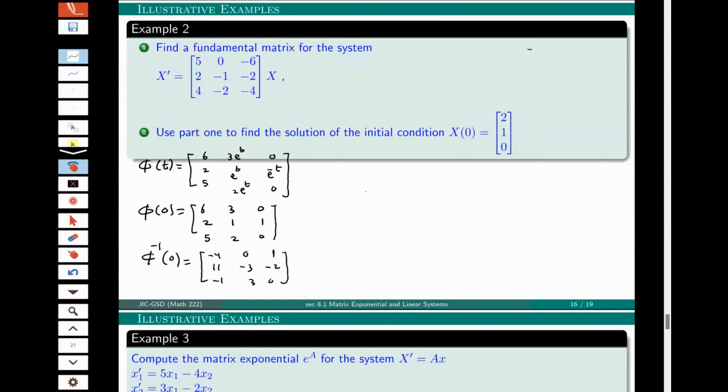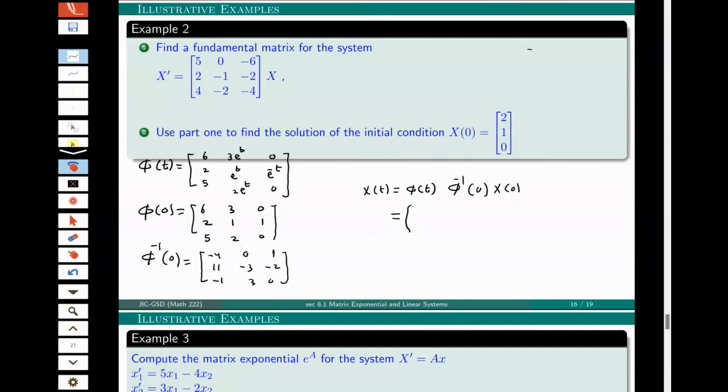So what will be our solution? Our solution will be x of t. It will be phi of t times the inverse at 0 times x naught.